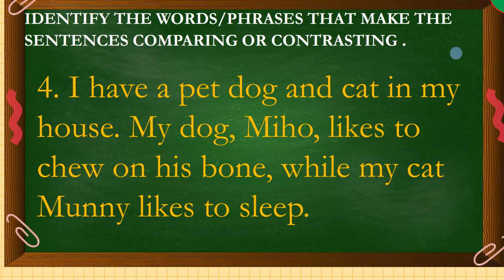Number 4. I have a pet dog and a cat in my house. My dog Nemo likes to chew on his bone, while my cat Money likes to sleep. And the answer is while.